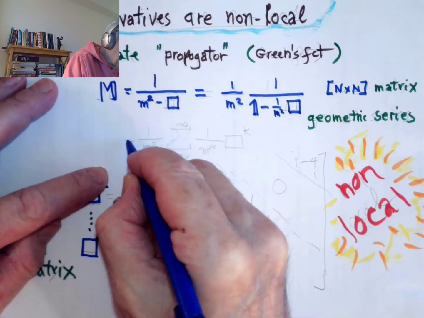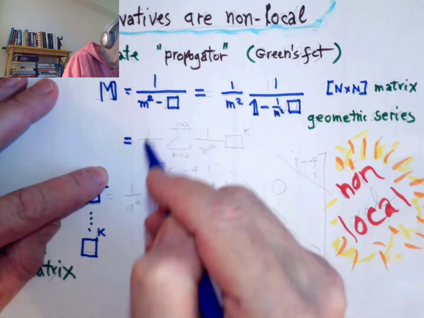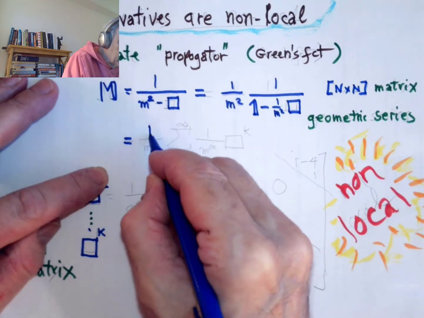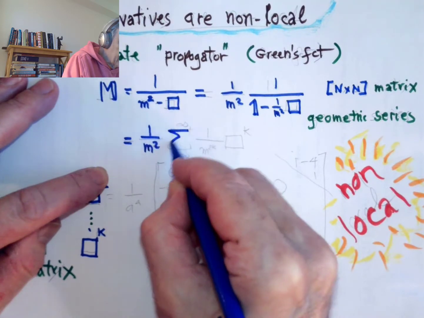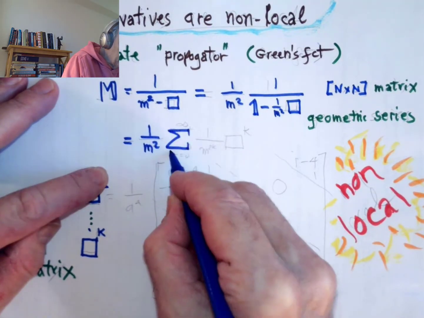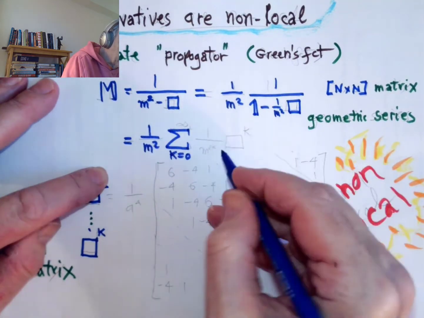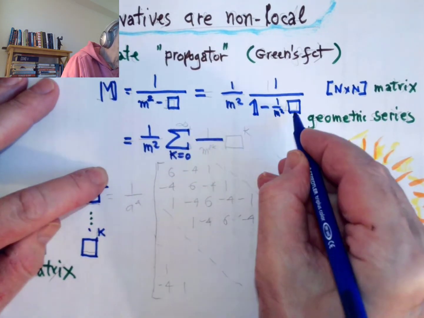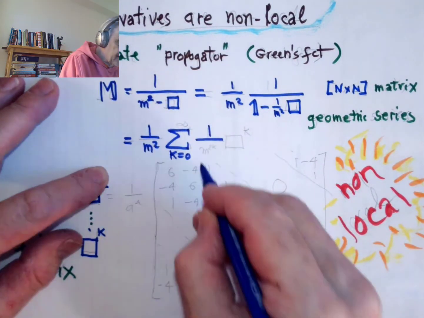So one thing I can do is use the fact that this is a small number compared to 1 for sufficiently large parameter m squared, and expand this as a geometric series, so just in powers of this number, but now it's a matrix.